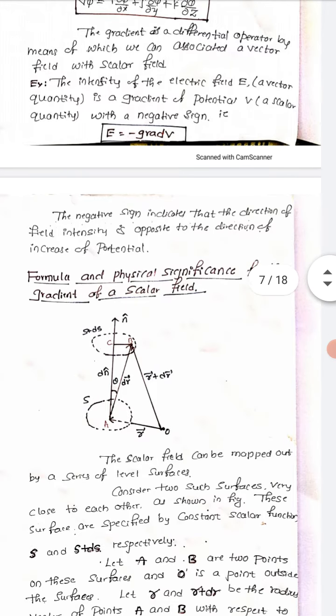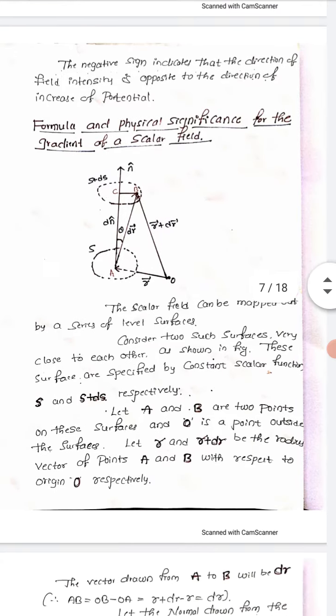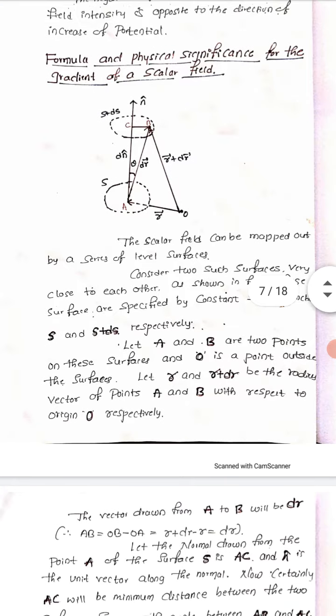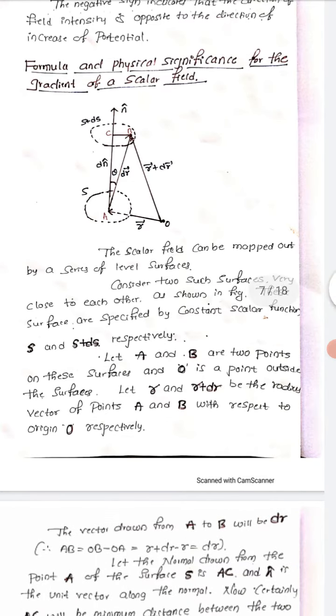Then the new concept is the formula and physical significance of the gradient of a scalar field. See here the diagram. The scalar field can be mapped out by a series of level surfaces. Consider two such surfaces very close to each other as shown in the figure.